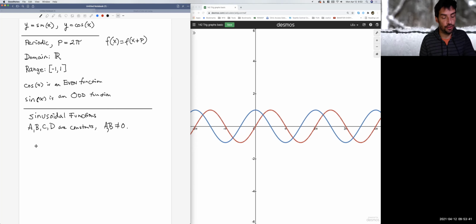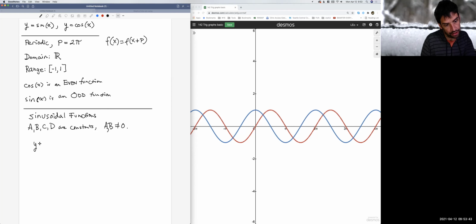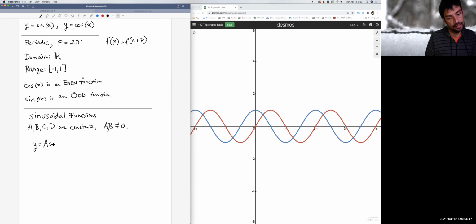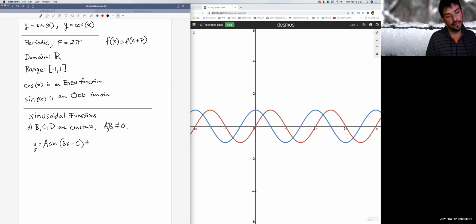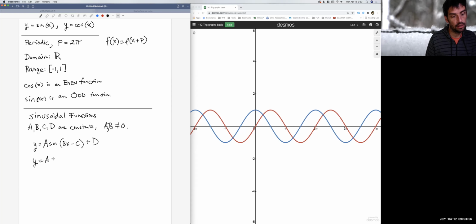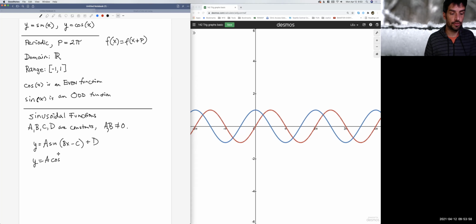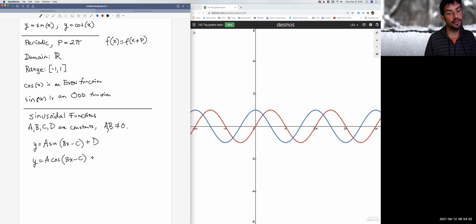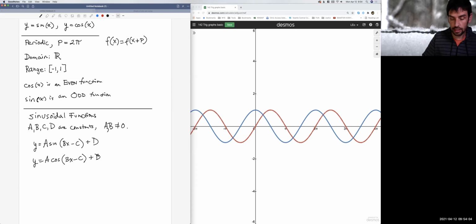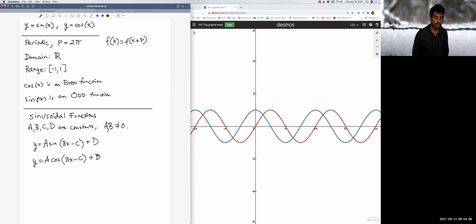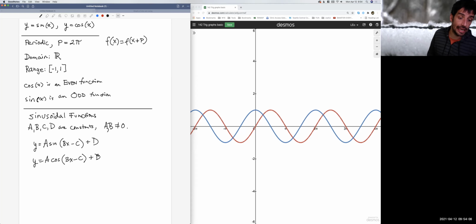And by sinusoidal function, we mean functions of the following form: y equals A sine(Bx minus C) plus D, or y equals A cosine(Bx minus C) plus D. Okay, so first, let's notice why A can't be 0.